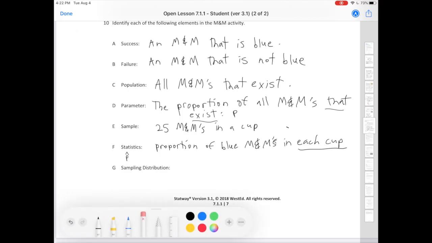Let me just do a quick eraser here. This shouldn't be of all M&Ms. This should be of blue M&Ms, right? So blue. So the proportion of blue M&Ms that exist, the proportion of blue M&Ms in each cup, right? So there's the difference, right? Difference between what percent of M&Ms in your cup are blue versus the percent of M&Ms in the whole world that are blue, right?